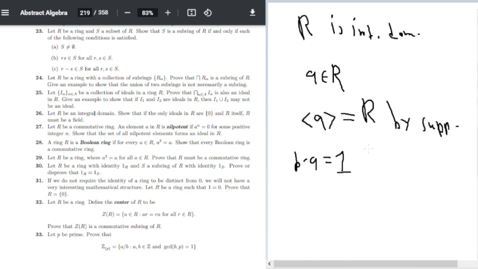Every ideal always contains a principal ideal. I think I'm getting it now. Which means B times A is equal to 1.